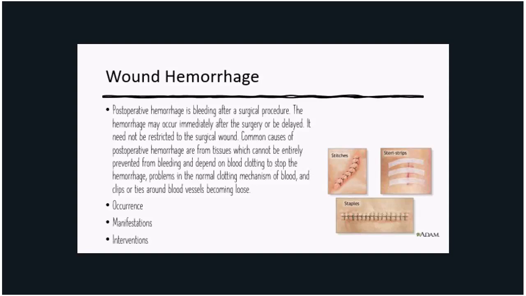The manifestations are bleeding from drainage tubes or surgical sites and signs of shock. We discussed signs of shock earlier, and one of the biggest telltale signs is a drop in your blood pressure.